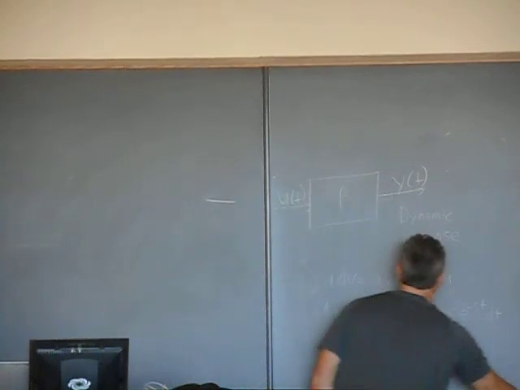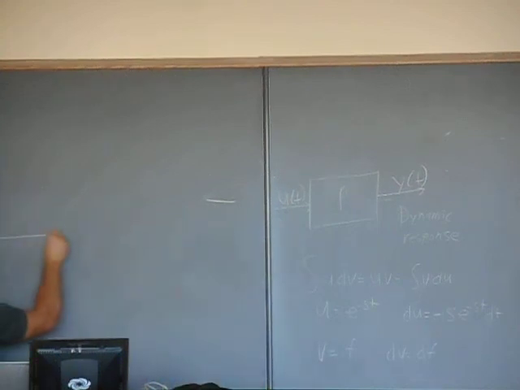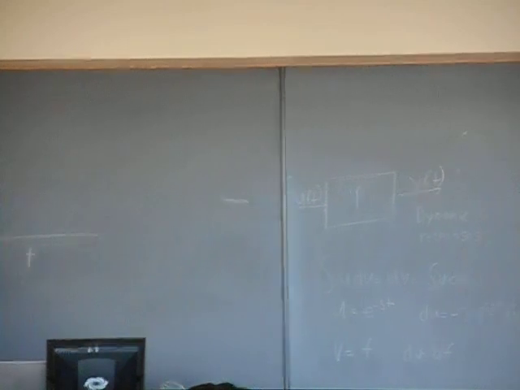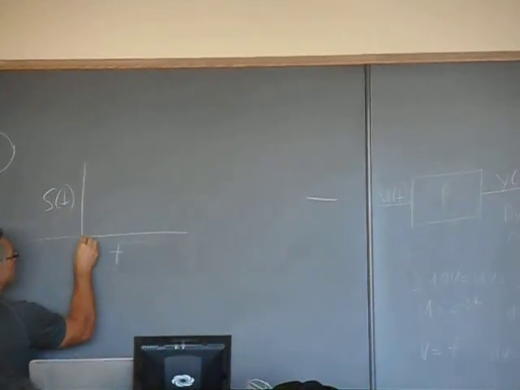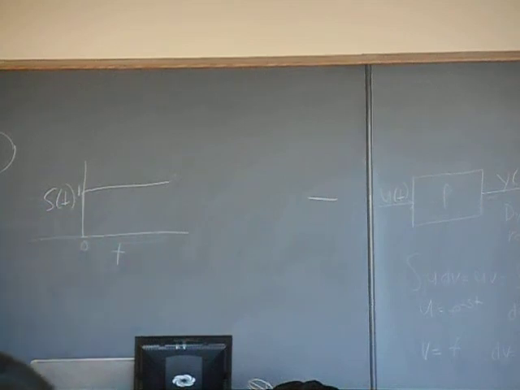So it looks like this. Here's S of t, and here's t, and here's 0. This is a function that is 0 until you get to time equals 0, and then it jumps up to a value of 1.